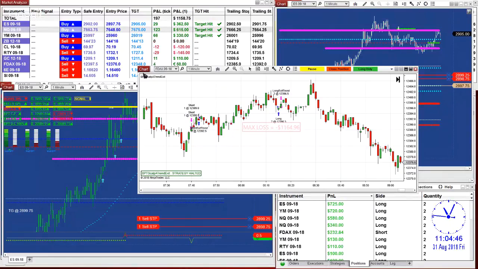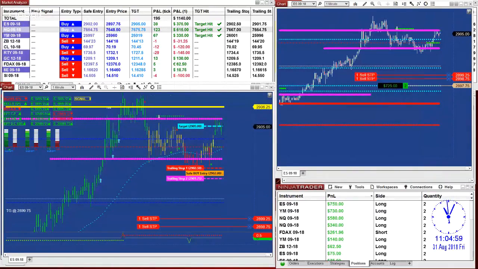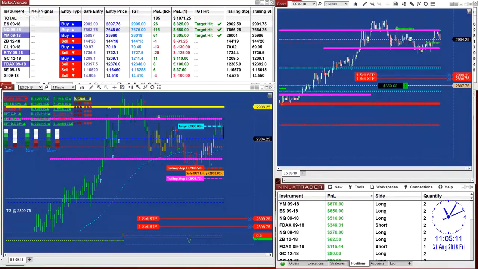Monday and Tuesday I did not trade the DAX. Wednesday, Thursday made money, and today I'm in the hole. I'm a little bit over 1,000 on the DAX for the whole week. But it does not mean last week I didn't do it. It does not mean the week before I didn't do it. But this is going to happen, where an auto trade is not going to make you money today, or your trading is not going to perform.